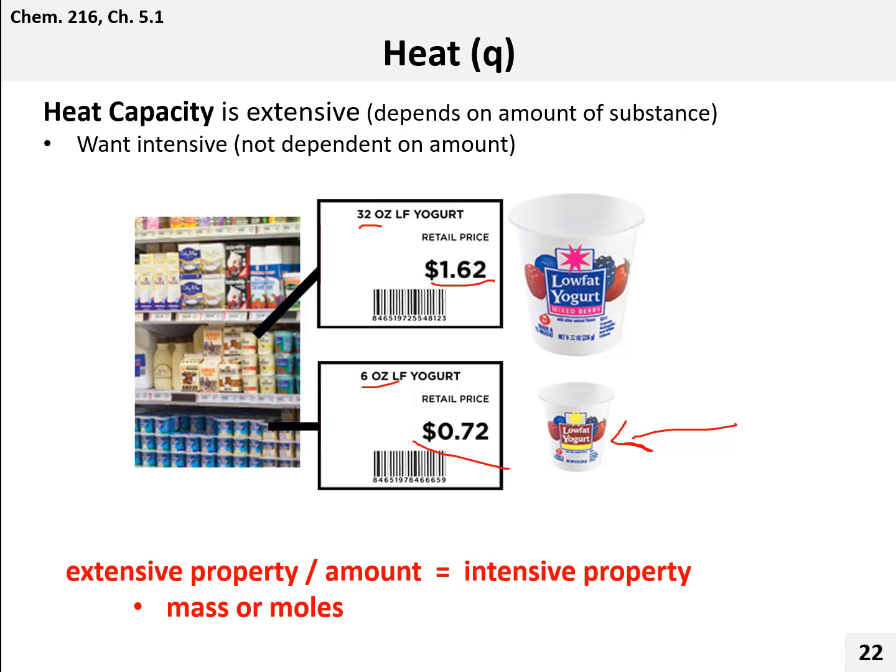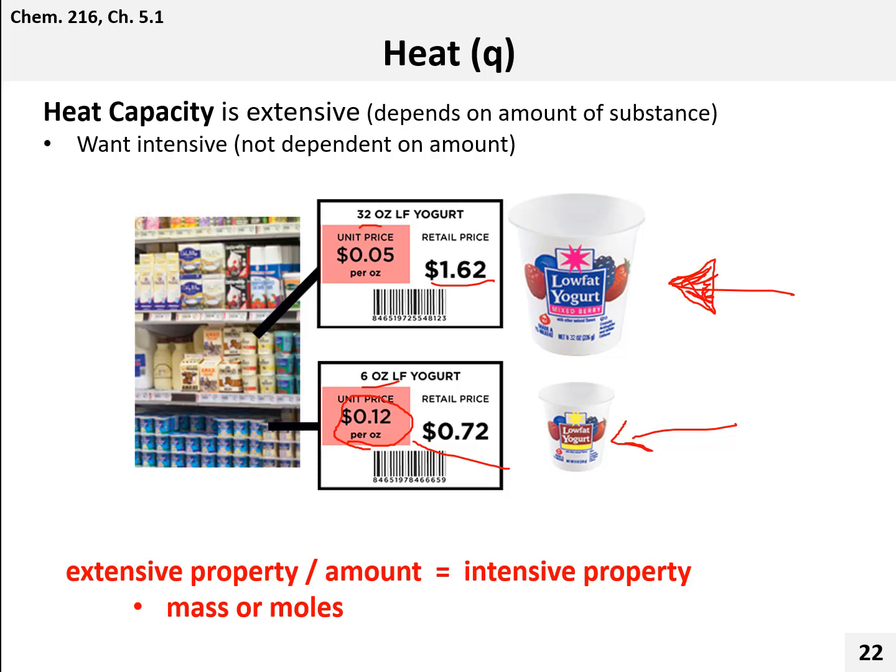So sometimes in the store, they have something like this. They say the amount of money per ounce. So what did they do? They just took 162 divided by 32 ounces. They got 5 cents per ounce. Whereas this bottom one's 12 cents per ounce. So now which one's a better deal? This top one, because it's cheaper per unit of yogurt.